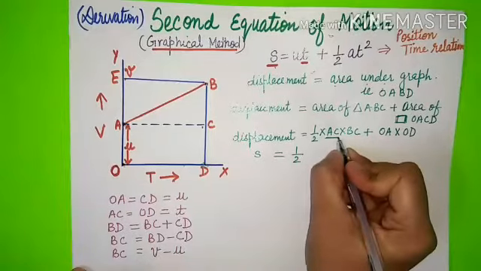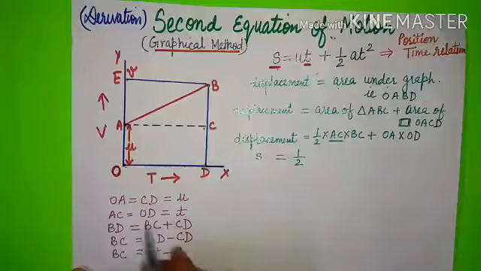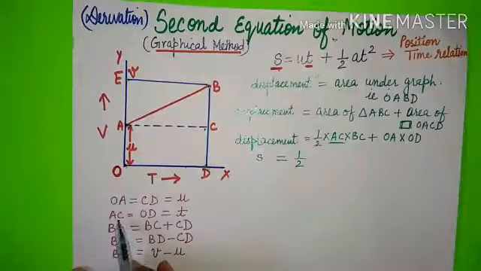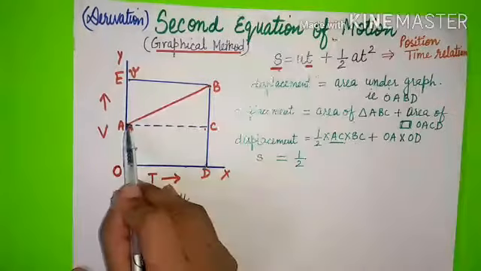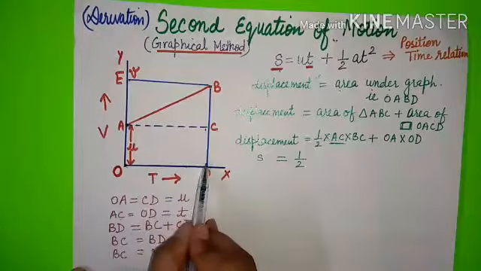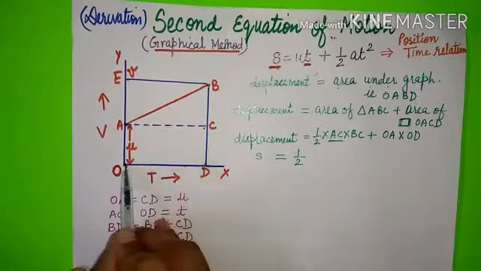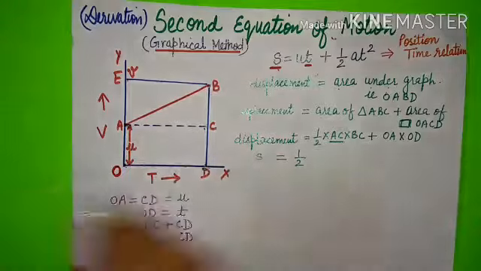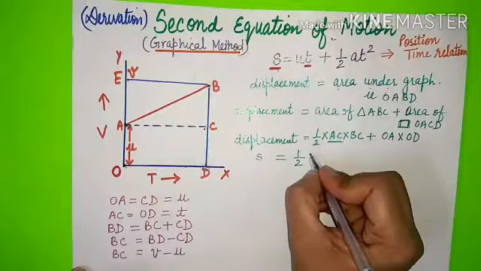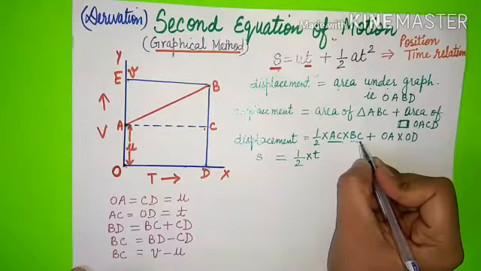What is AC? AC is equal to OD, which is equal to T, because this line is parallel to this line, and this is equivalent to the total time. Clear? This represents the total time taken by this journey. So AC is equivalent to T, and BC. What is BC?